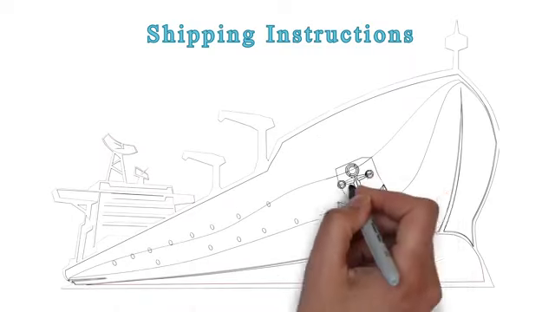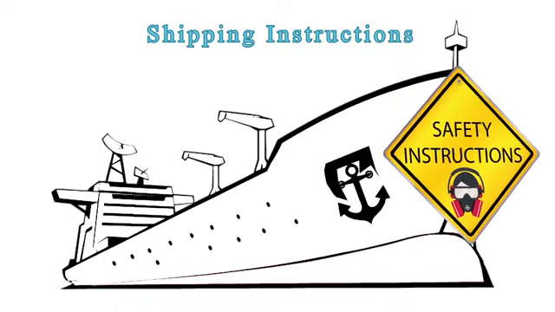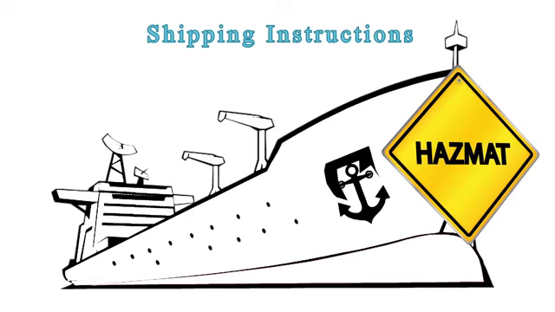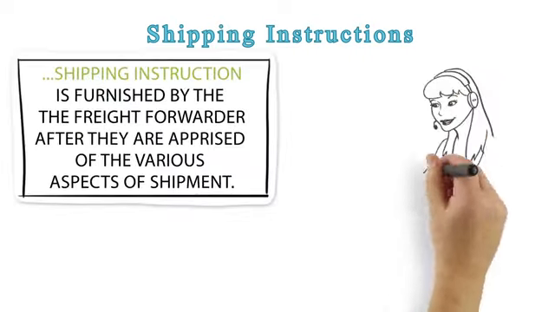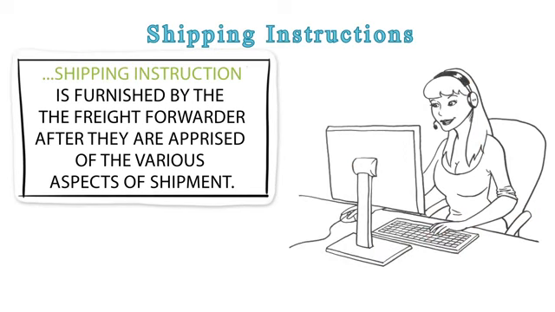So, they have to be shipped under appropriate safety instructions as per various international conventions like Hazmat, IATA, FIATA, SOLAS, etc. Shipping instruction is furnished by the freight forwarder after they are apprised of the various aspects of shipment.